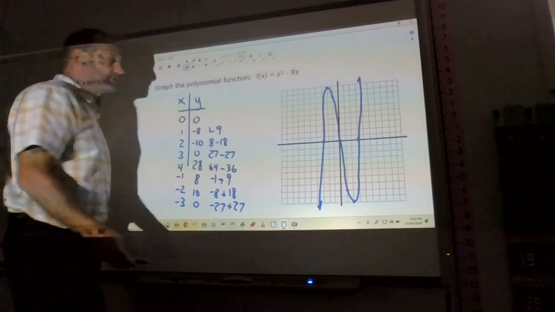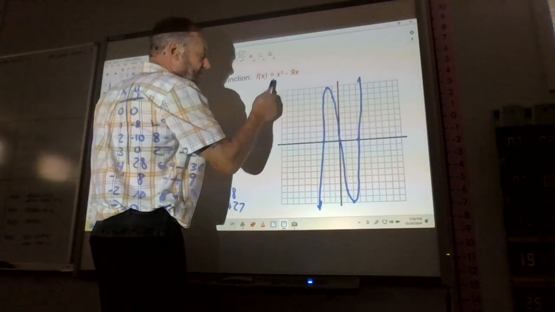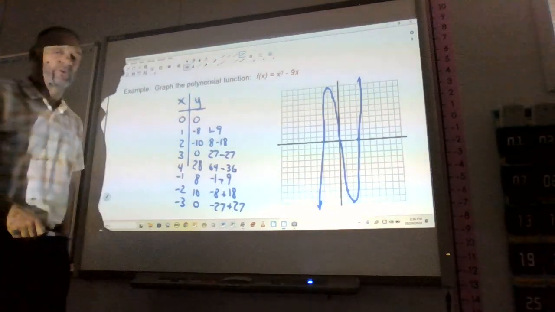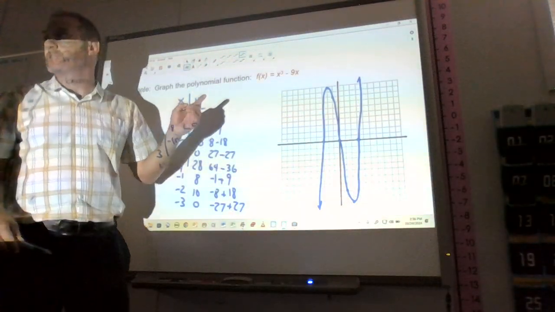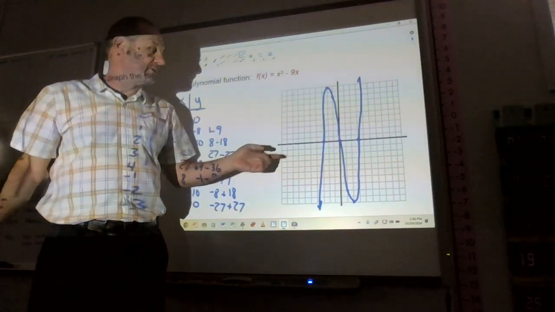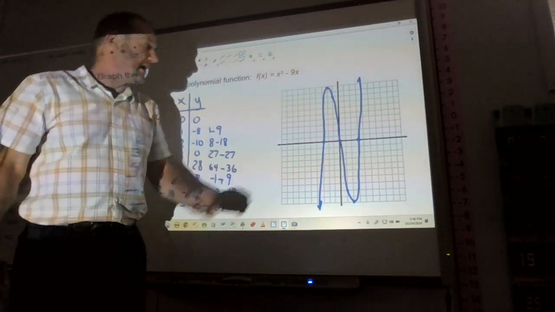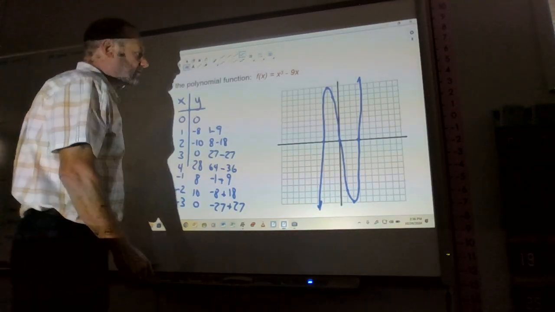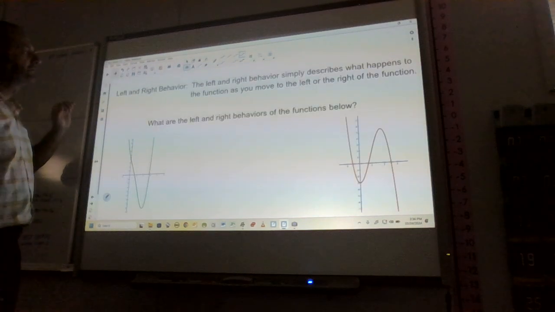And I know I got all the terms because x to the third, degree 3, means it can have at most 2 turns. Well, there's one and there's the other one, so I know I got the whole graph. I know that since it's x cubed, it is going to rise to the right and go down to the left. Okay, and we call that left and right behavior, which I think we'll talk about right here.